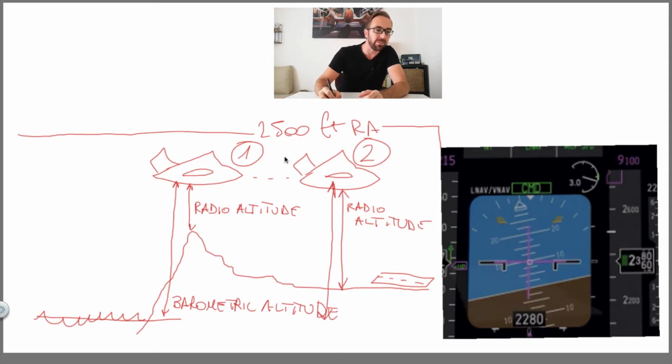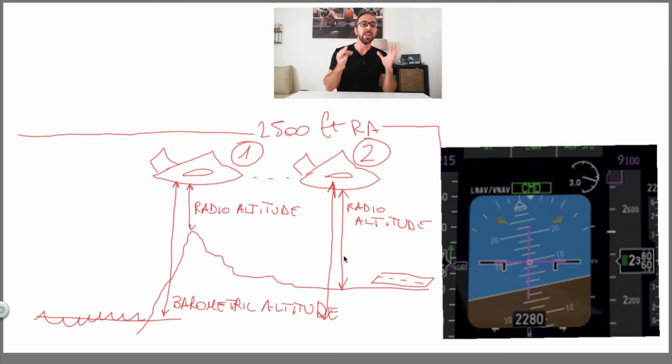Aircraft number 1 has a radio altitude which is quite reduced, while the radio altitude of aircraft number 2 is bigger. So depending on the terrain underneath your aircraft, your radio altitude changes. However, the barometric altitude doesn't, because the QNH is always a fixed pressure reference that you use when you fly in altitude.